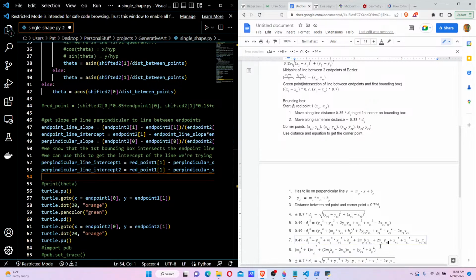So y sub c1 should be 2 y sub r1 times m sub p times x sub c1 plus 2 y sub r1 times b sub p. Okay, so plus b sub p squared, got that term.